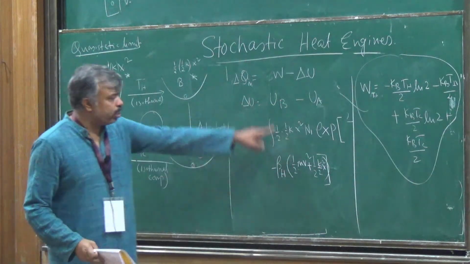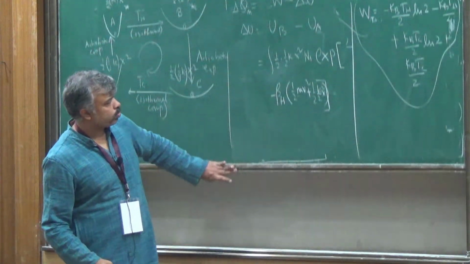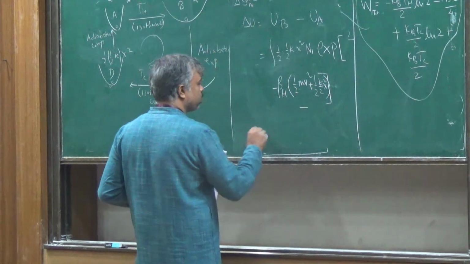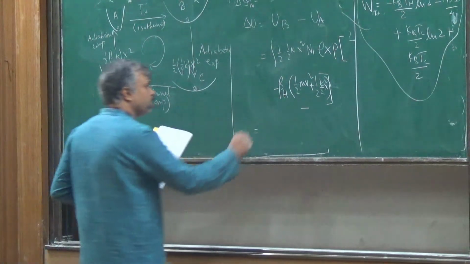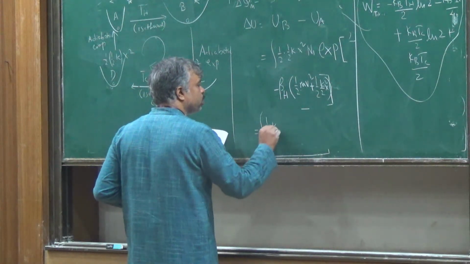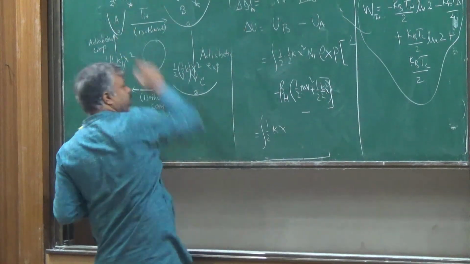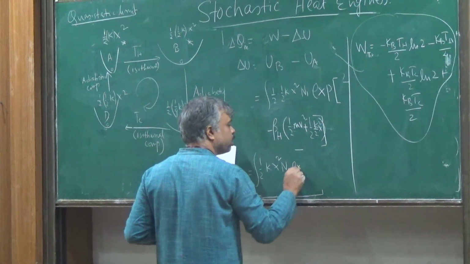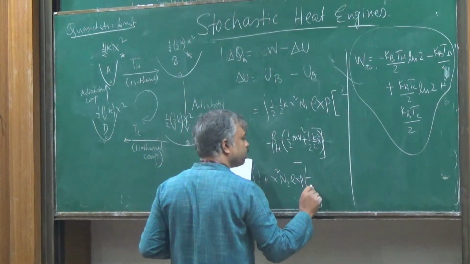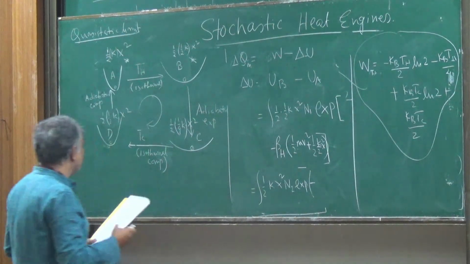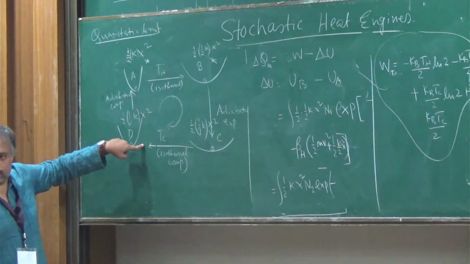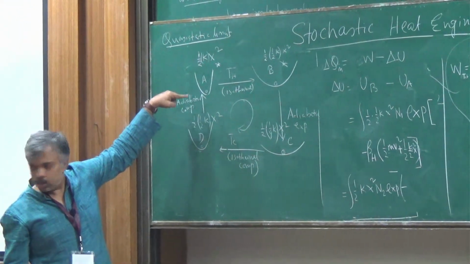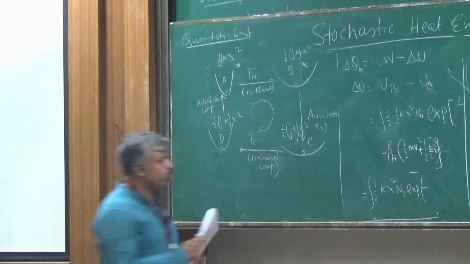So this is only UB. Then minus UA. UA will be the integral of half K, this was K here, x squared times the normalization constant, P minus. We came here via the adiabatic jumps, correct? We were in TC, so this will be C here.